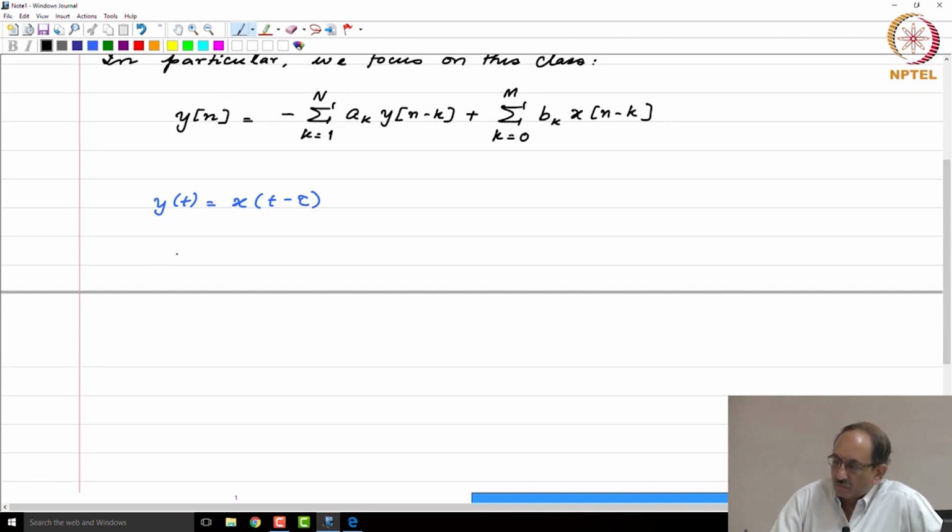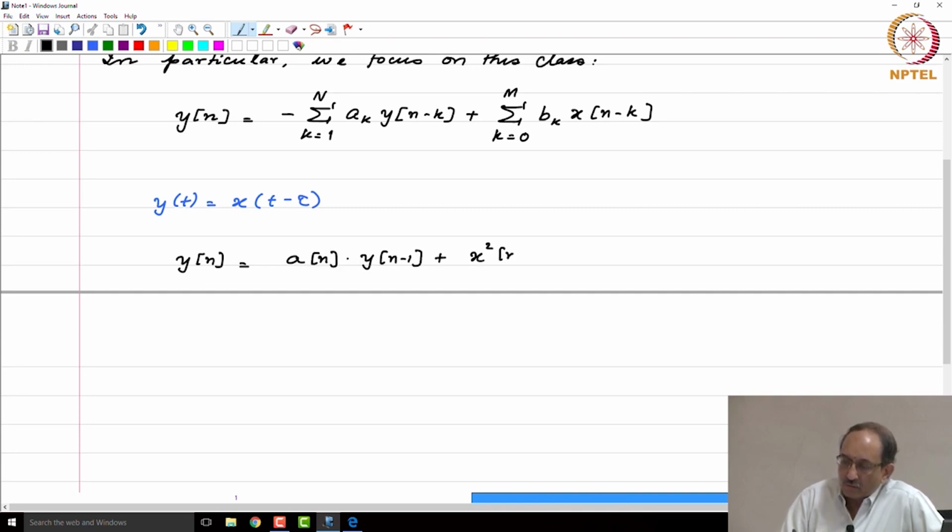Now, just to put this in perspective, if you have y of n equals a of n times y of n minus 1 plus x squared of n, what you have here is a time varying coefficient.